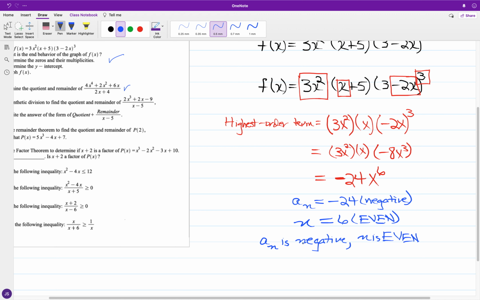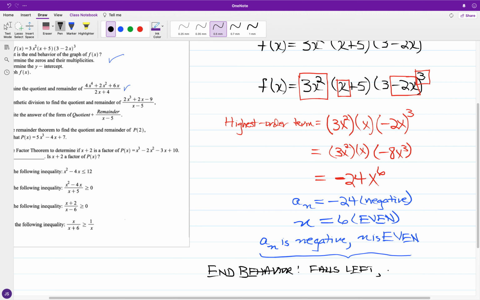And since the leading coefficient is negative, this is going to signal that the end behavior is down to the left and down to the right. So you got the end behavior.